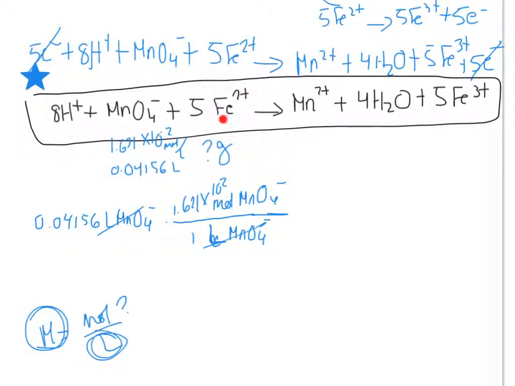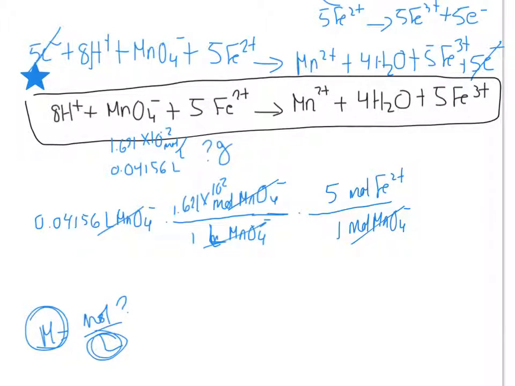Next, I find the moles of what I need, and I use the molar ratio for that. On the bottom, moles of MnO4 minus. On top, moles of Fe2 plus, and again, you can use the 3 plus, it doesn't really matter. Either way, it's a 5 to 1. So those cancel, and I end up with moles of Fe2 plus.